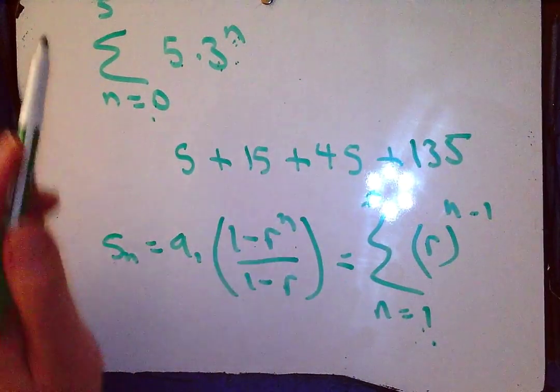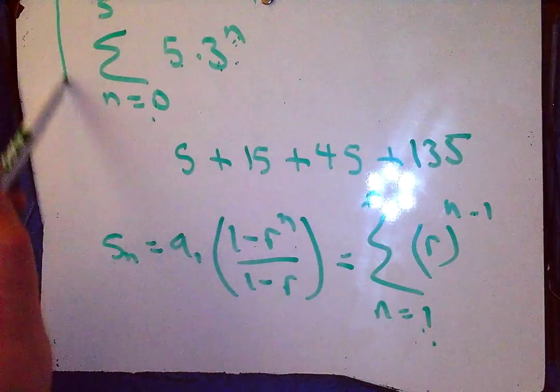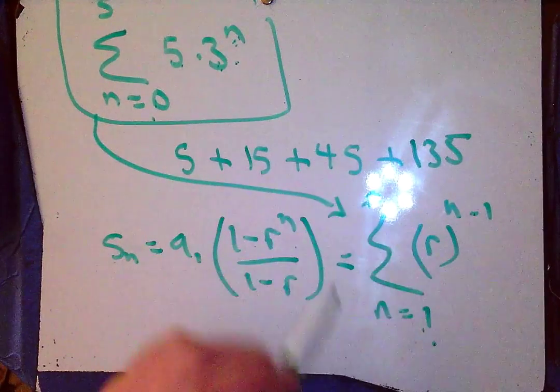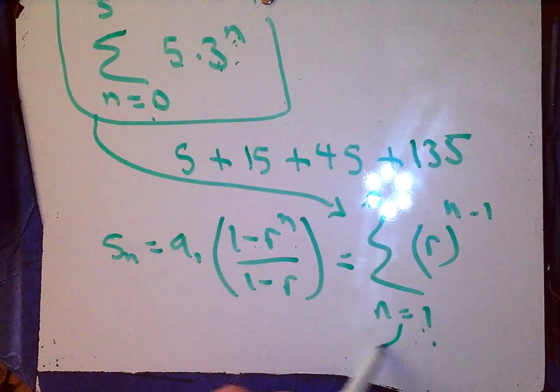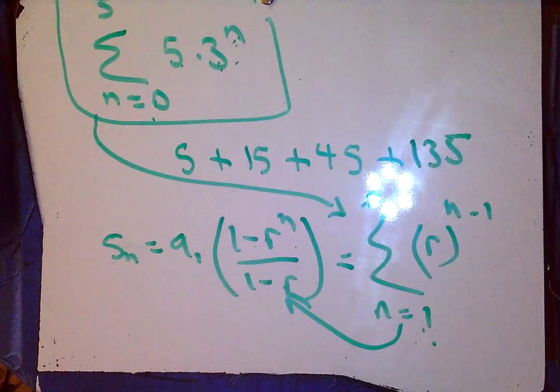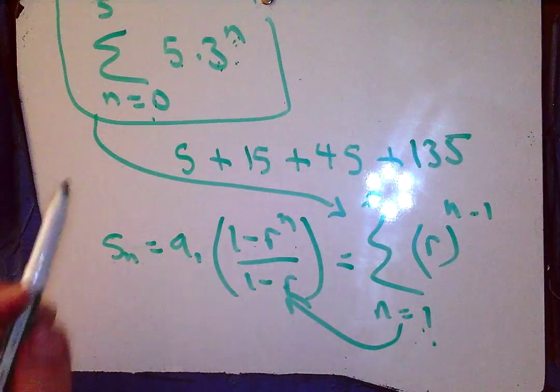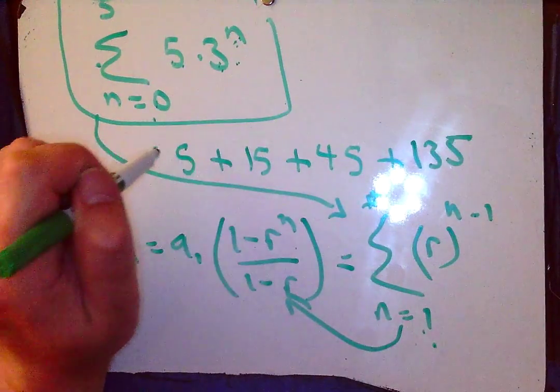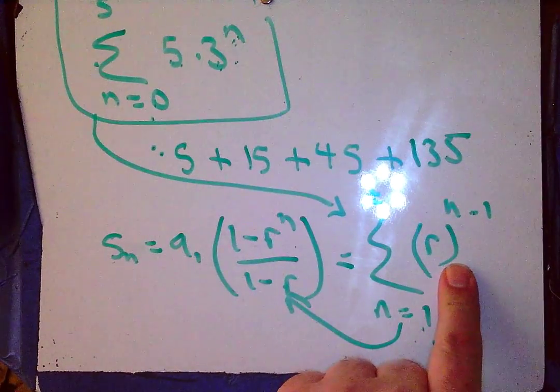This isn't n minus 1, and this isn't 1. So when we see this form, we want to rewrite it in this form so that we can use this formula. I'm using this to generate this, and from this I want to generate my rule.